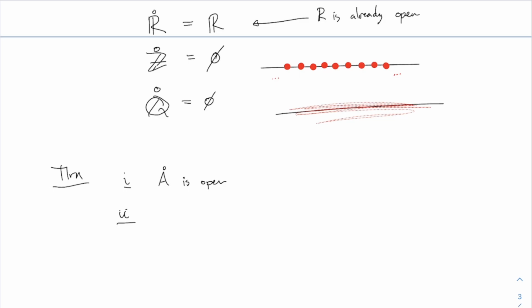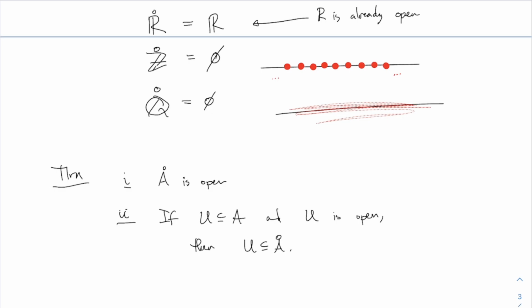So this says if U is a subset of A and U is open, then U is a subset of the interior. That means that the interior is the biggest open set which is inside of A. Because if you have any other open set inside of A, it is automatically a subset of the interior. It's smaller than the interior.